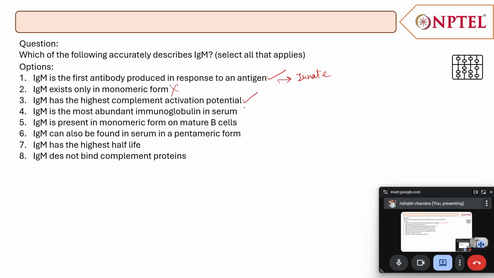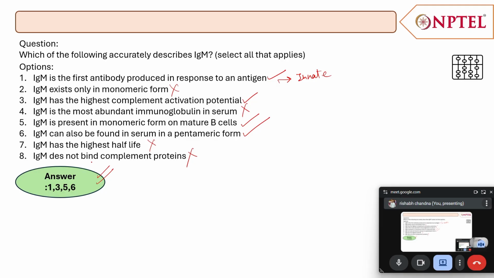Yes, this is correct. IgM is the most abundant immunoglobulin in serum? No, it's IgG. IgM is present in monomeric form on mature B cells. Yes, this is correct. IgM can also be found in serum in the pentameric form. Yes. IgM has the highest half-life. Not really. And it does not bind to the complement proteins. No. So the correct answers are 1, 3, 5, and 6.